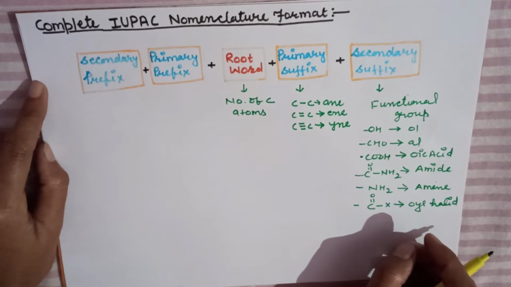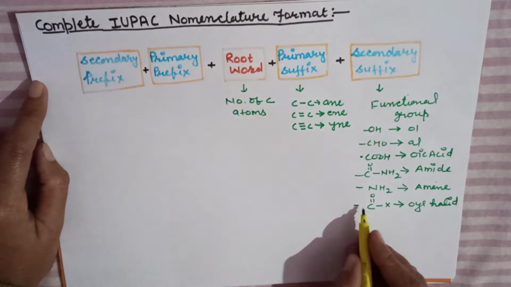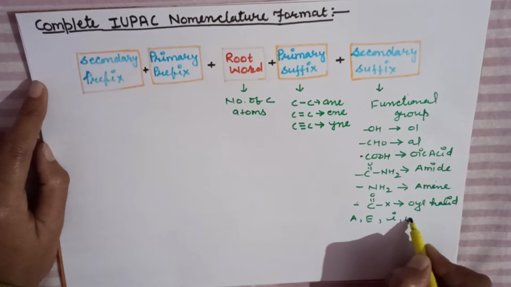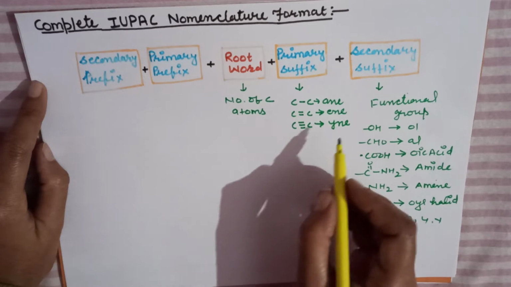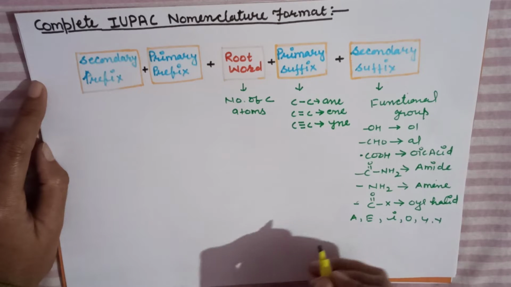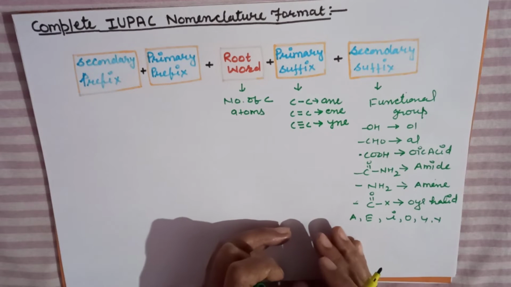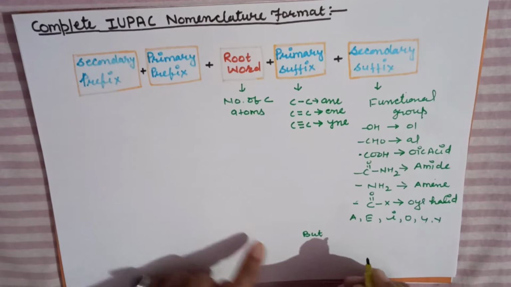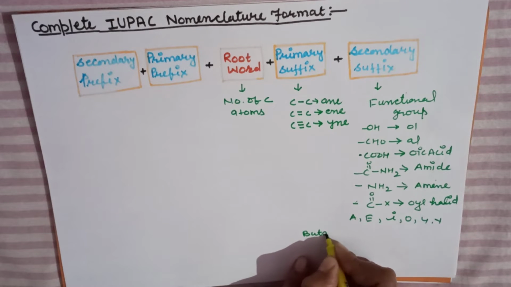Children, remember, whenever the secondary suffix starts with a, e, i, o, u and y, then the e of the primary suffix is removed. For example, you are writing the name of a structure which contains 4 carbon atoms, then you will write but. If all single bonds are present between carbon to carbon, then you will write ane.